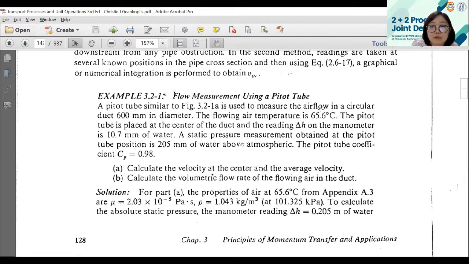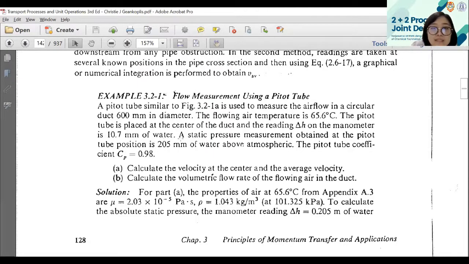The flowing air temperature is 65.6 degrees Celsius, and the tube is placed at the center of the duct. So the velocity we have is the velocity max. And the reading delta H on the manometer is 10.7 millimeter of water.